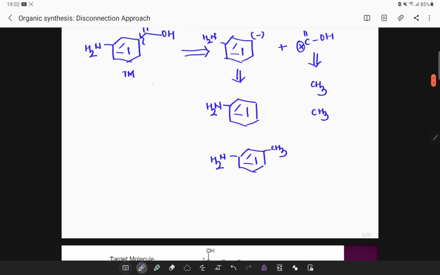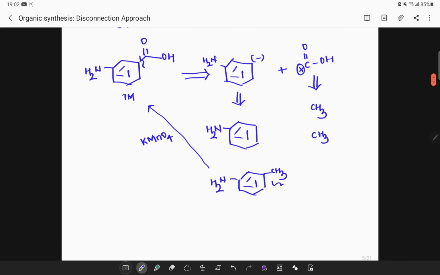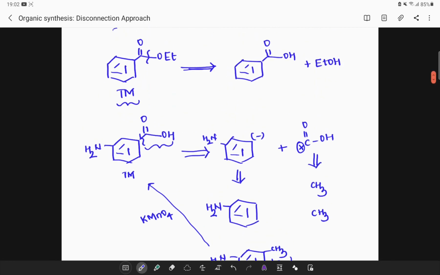Upon oxidation with either KMnO4 or chromium oxide or any type of oxidizing agent, the CH3 can be oxidized to a carboxylic acid, giving me the target molecule. So if we understand the feasibility of starting materials which are commercially available, based on that we can design the molecule. This is said to be the designing of a target molecule.